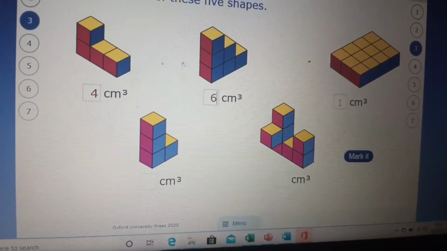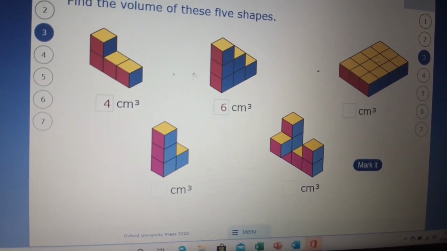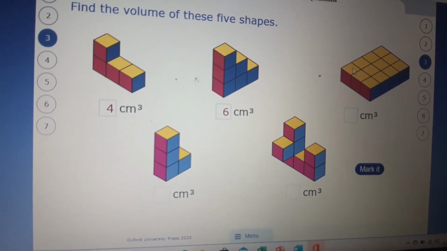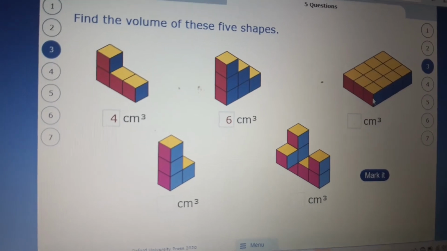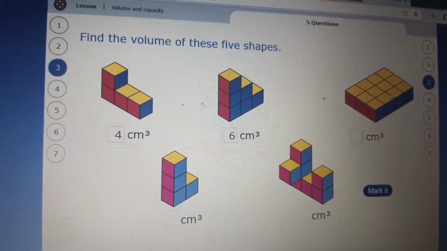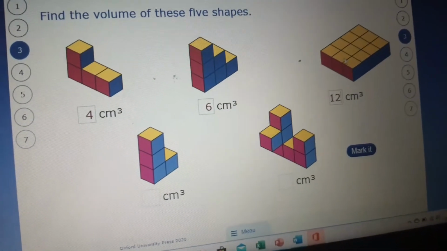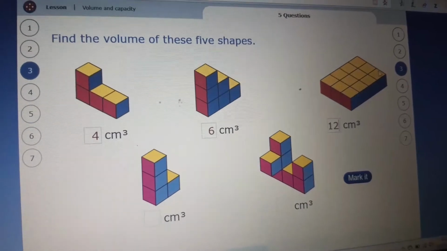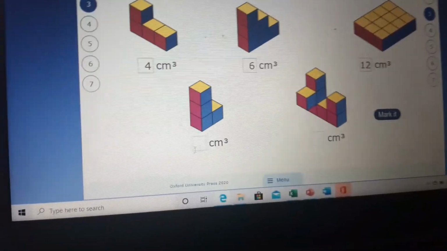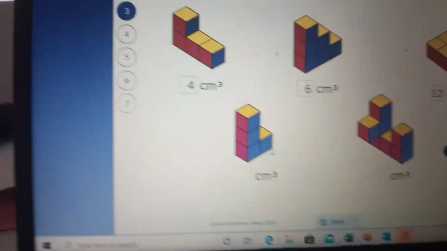For this one, we have got 1, 2, 3, another 3, another 3, and another 3. So that is 3. Add 3 is 6. Add 3 is 9. Add 3 is 12. You might have noticed a quicker way to count that would be to say 3 times 4, which would be good. This bottom one, you have got a row of 3, add one more is 4.